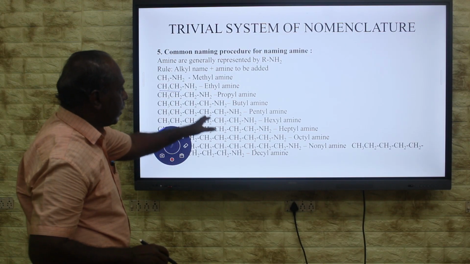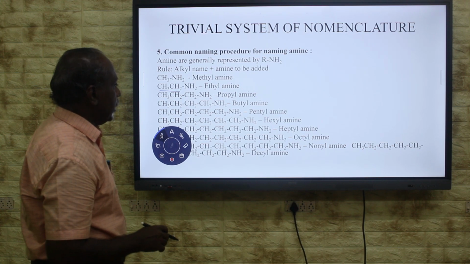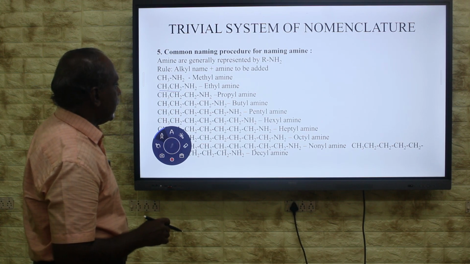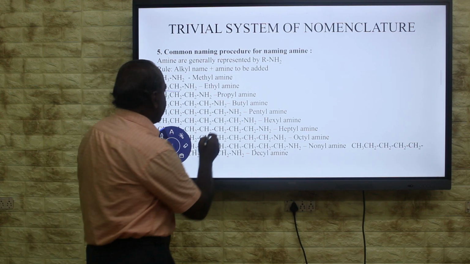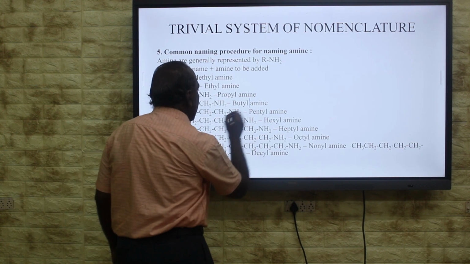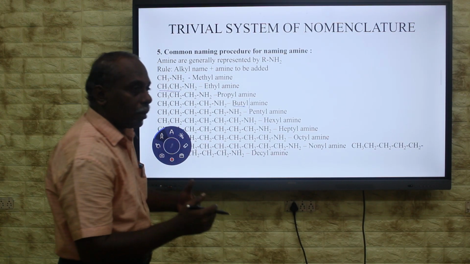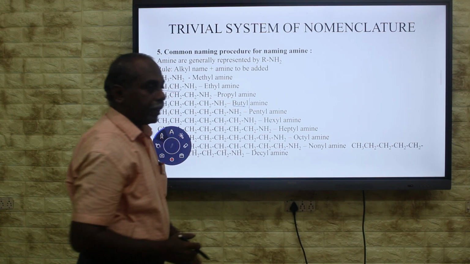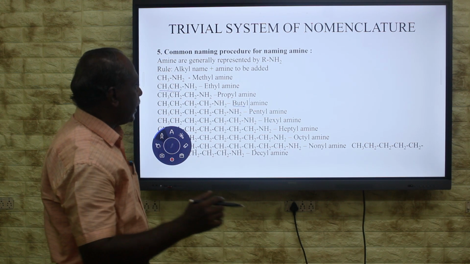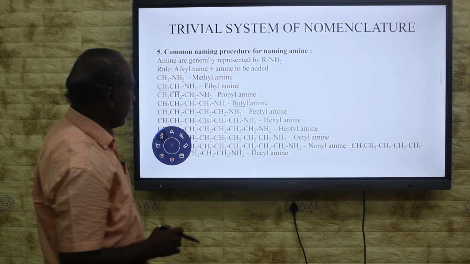In a similar manner, we can write the common name for this compound. Similarly we can write the structure for the amine. For example, if you take butylamine, butyl indicates 4 carbons will be there, 4 carbons are connected by single bonds, then amine, NH2 will be connected as a functional group. In that way we can write the structure of the compound.